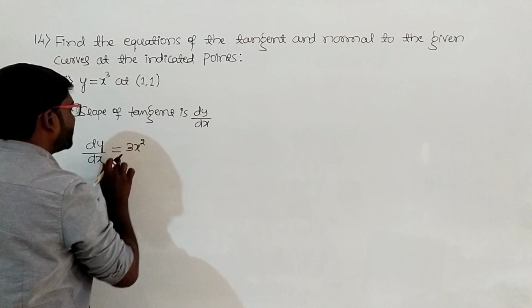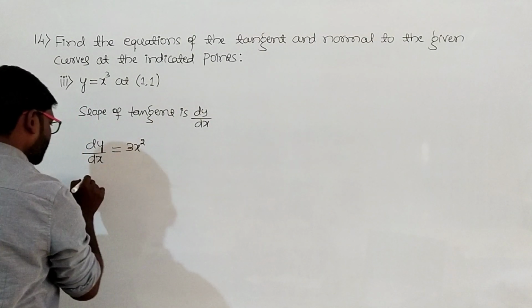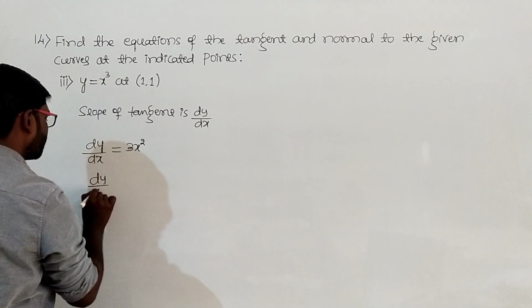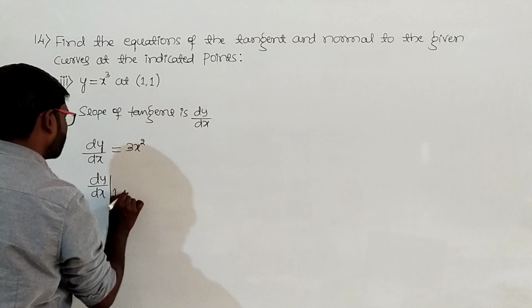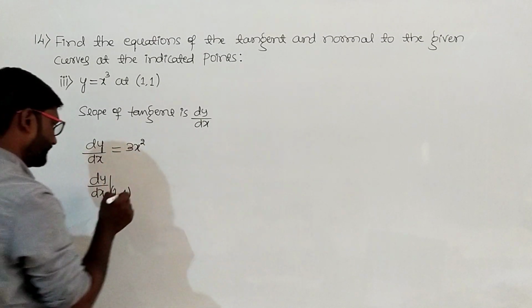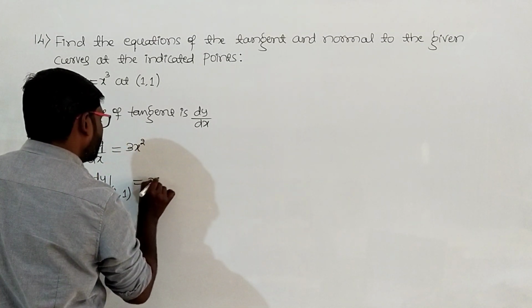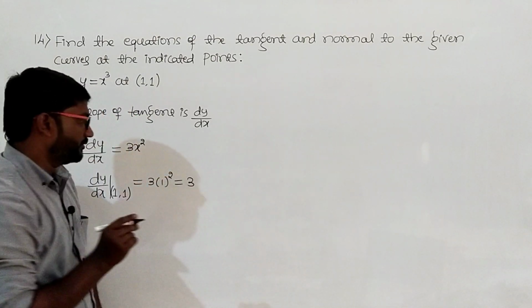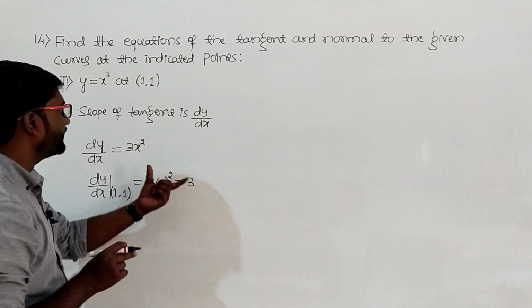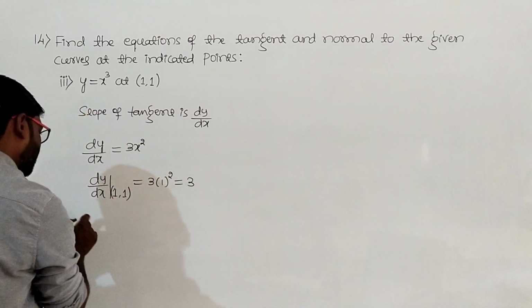Now slope of the tangent at 1 comma 1. So dy by dx at 1 comma 1 is going to be f dash of x naught. It is 3 into 1 square, which will be 3. So we have got the slope of the tangent.